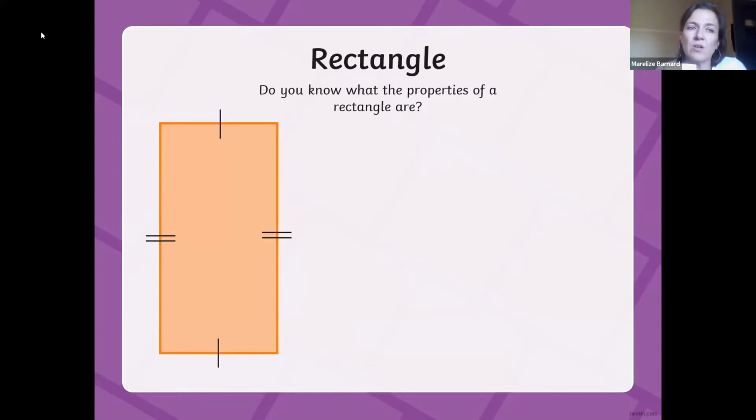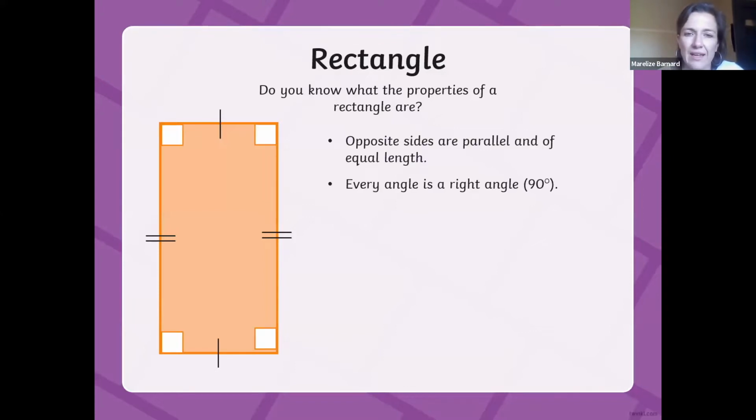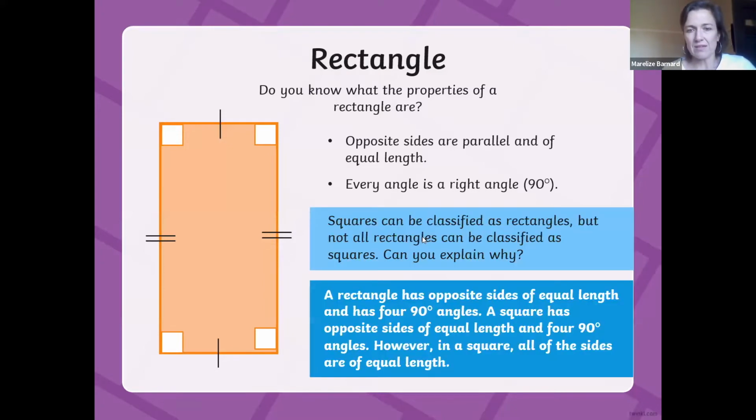Opposite sides are equal. Nice. Opposite sides are parallel. All the angles are 90 degrees. Okay, so opposite sides are parallel and equal in length. Well done. Every angle is a right angle or 90 degrees. And then something important is that squares can be classified as rectangles.